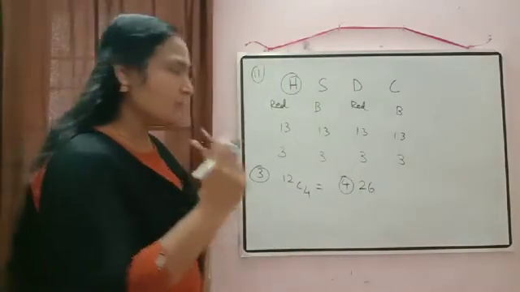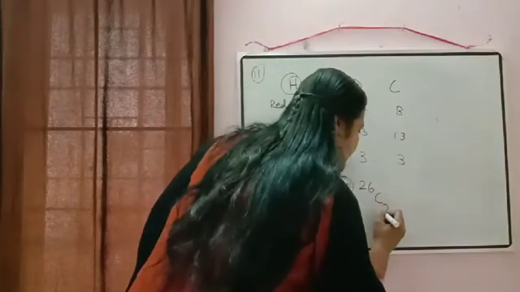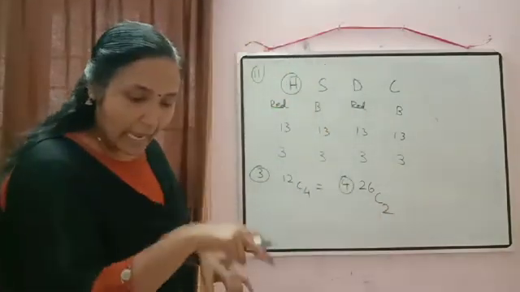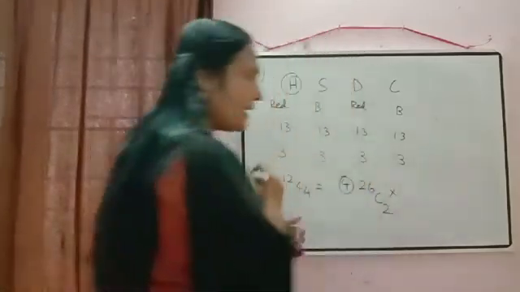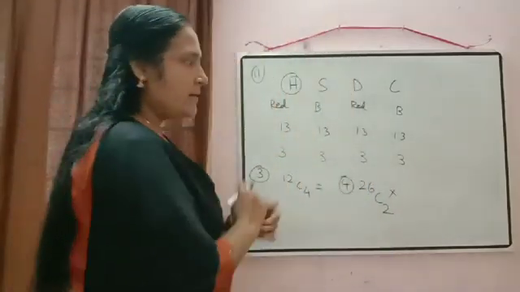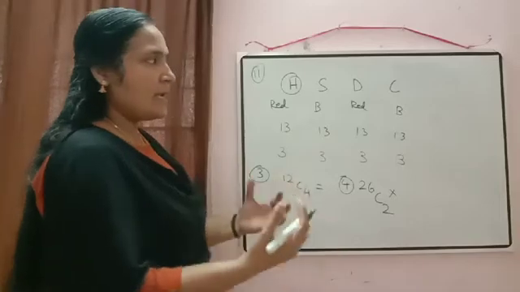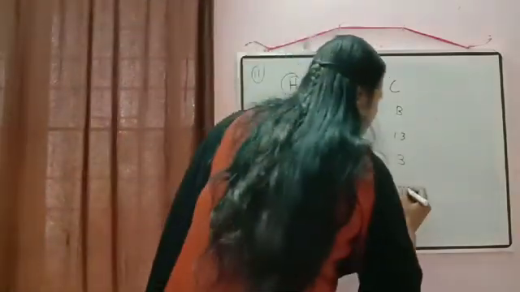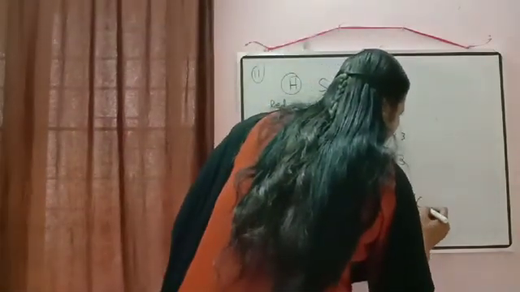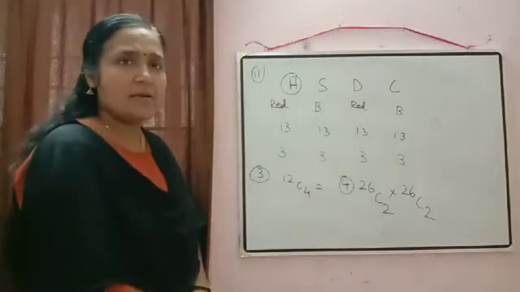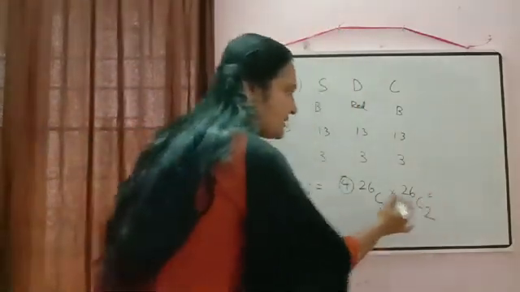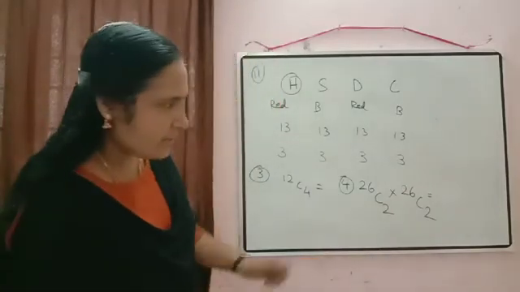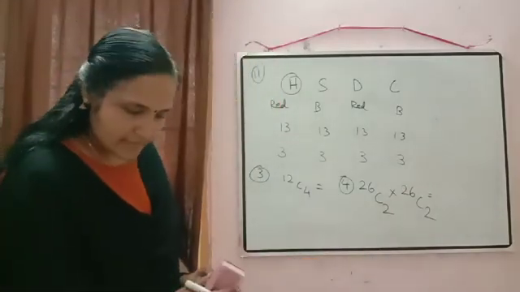I need 2, so it will be 26C2. And 2 black cards. If "and" is there, what do we have to write? Multiplication. Again I need 2 black cards from 26, so it will be 26C2. Now again, calculations you can do by yourself. I am just explaining the concept.